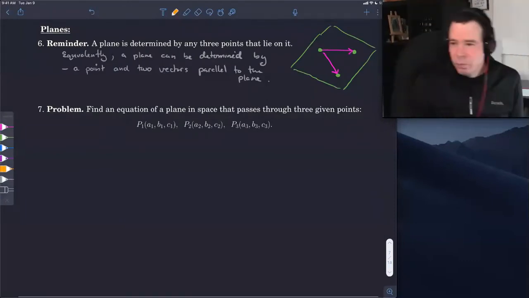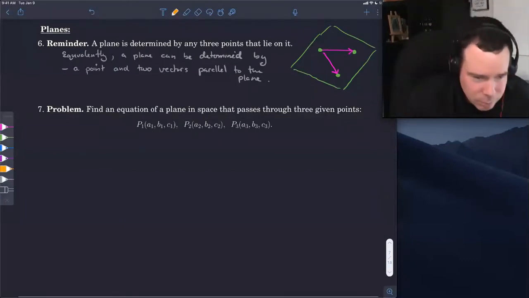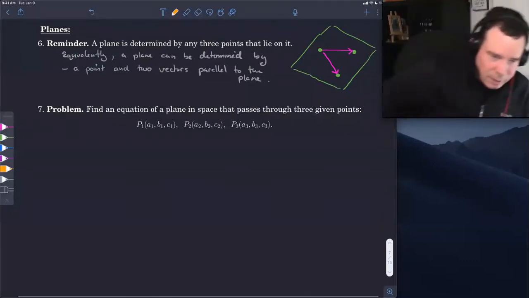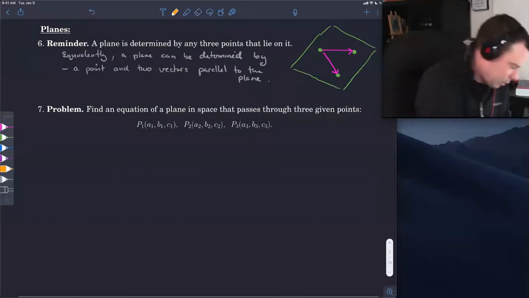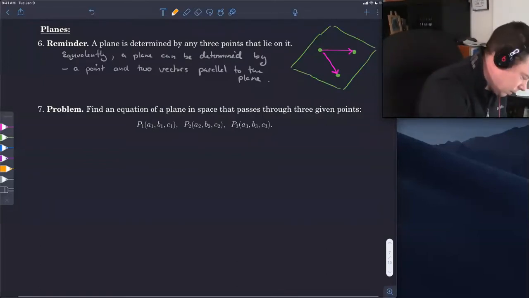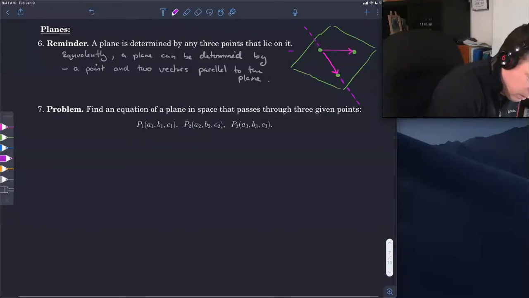Lastly, if we have two vectors that are parallel to the plane, yep, exactly. As stated in the chat, it is really thinking about a point and two non-parallel lines. So there we go, I've sketched those lines in.